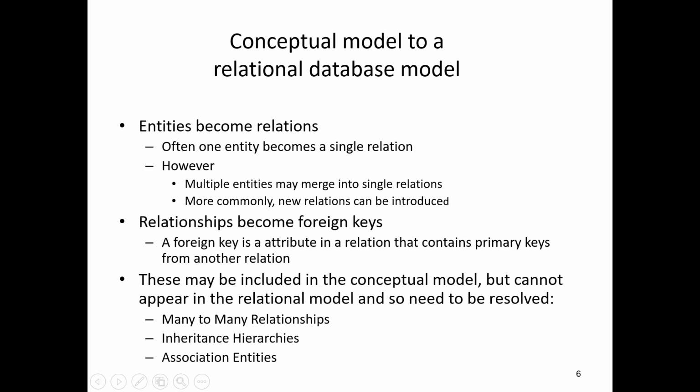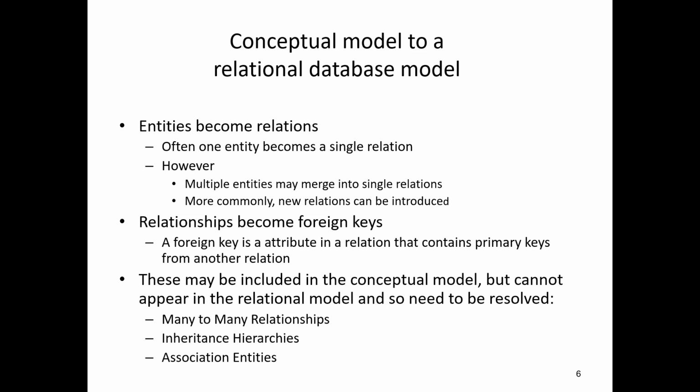So multiple entities can merge into a single relation in a relational database. And more commonly, new relations can be introduced in relational database modeling. These one-to-many, one-to-one or many-to-many relationships can become foreign keys, like car ID. Each customer can be connected to a car ID depending upon how many cars he bought. So this seems more scalable. Now we're thinking at more depth over here.